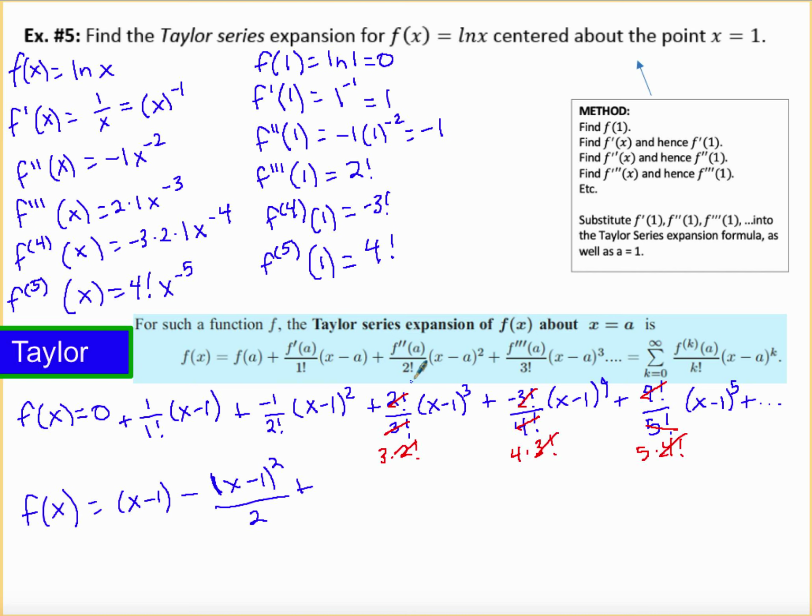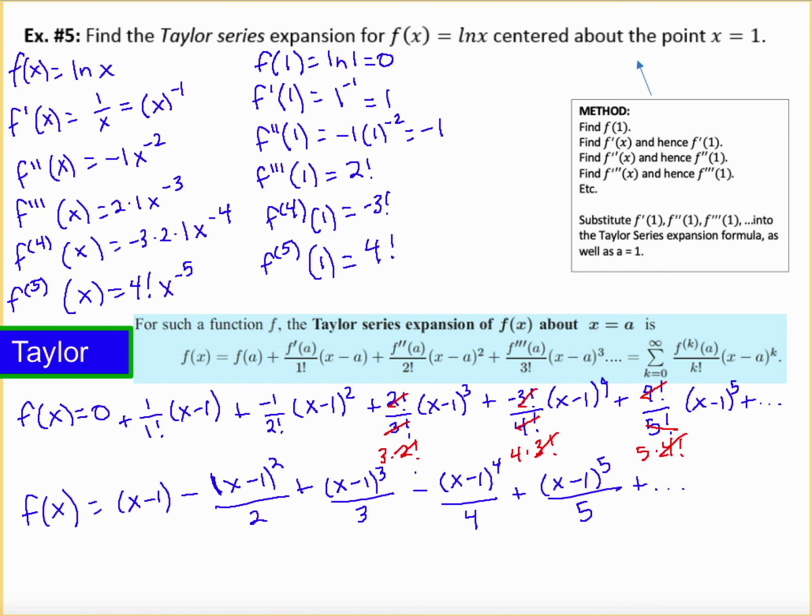Plus a 1 left again in the front, and I'll just say that that's going to be an invisible 1. And when those 2 factorials canceled out, I was left with a 3. Here we had the negative times the positive, which is a negative. And I've got x minus 1 to the 4th divided by 4, since those 3 factorials canceled out. Plus, looks like x minus 1 to the 5th left, and then a 5 in the denominator since the 4 factorials canceled out. And this pattern is going to repeat itself.